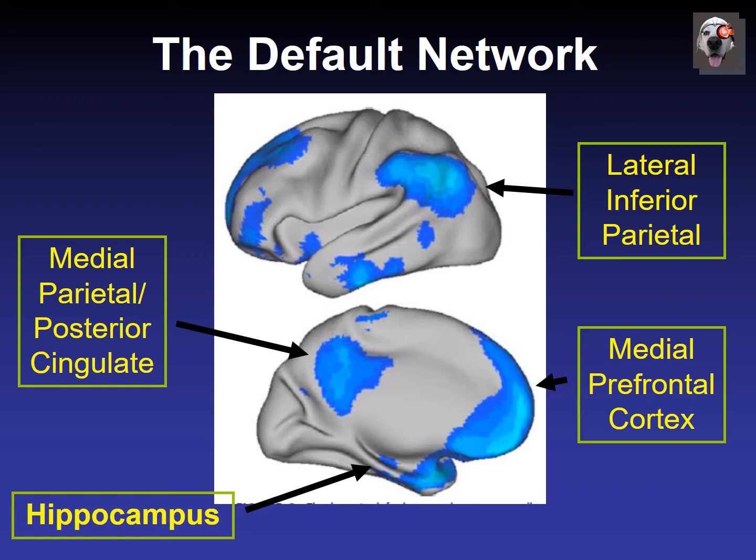And then we look back down at that bottom image, we can see the hippocampus, a rather small blue spot here. It's also been shown to be important for this default network. And hippocampus, of course, is a structure subserving memory, and so this is likely to do with autobiographical memory.